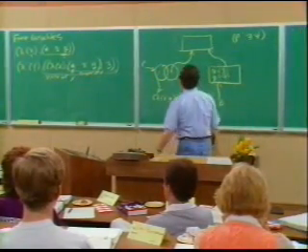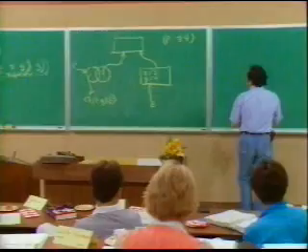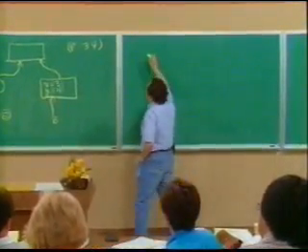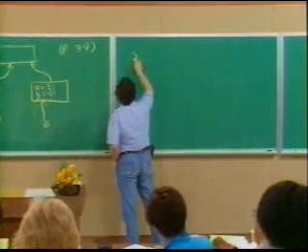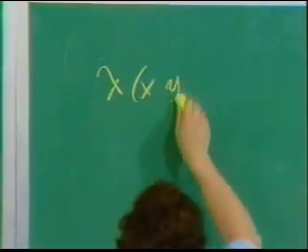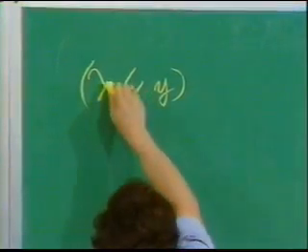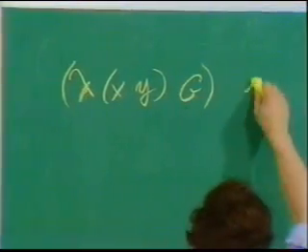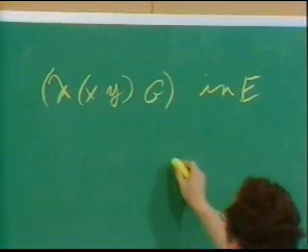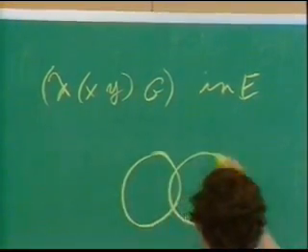So, for example, if I happen to be evaluating a lambda expression in E, lambda of, say, x and y, let's call it G in E, evaluating that, well, all that means is I now construct a procedure object.